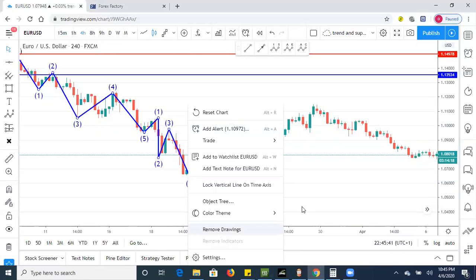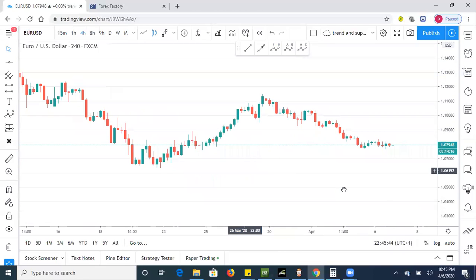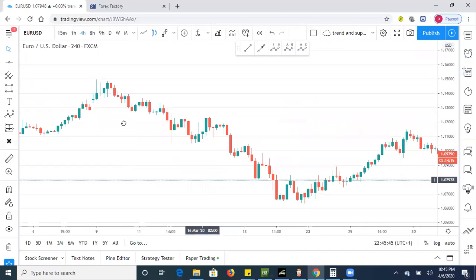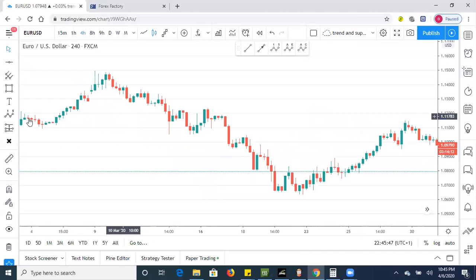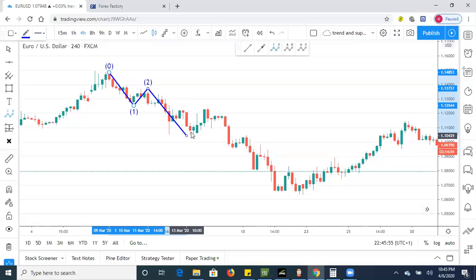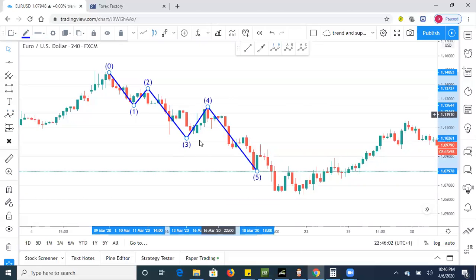Remove all drawings. Let's cut out a time frame here. Notice we were in a downtrend here. Boom, boom, boom. So we're actually in a downtrend at this point, right?